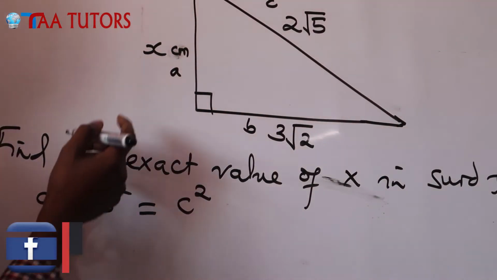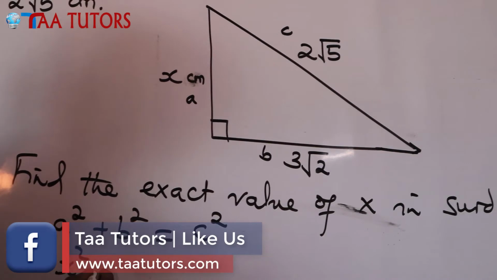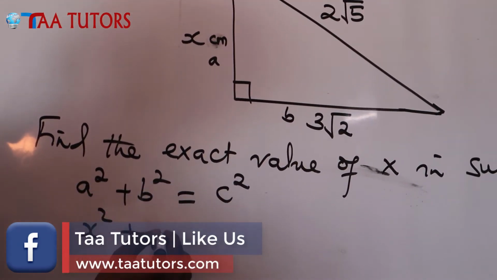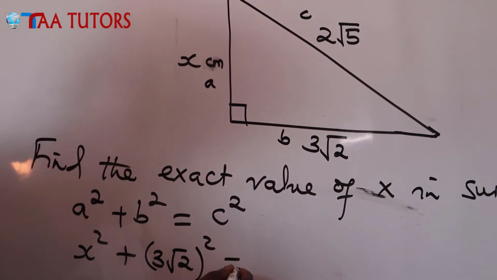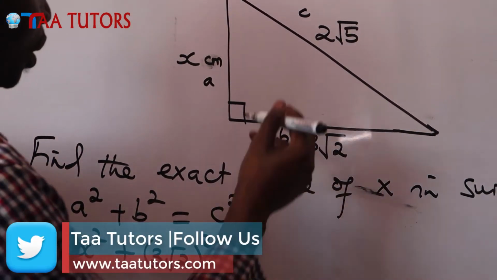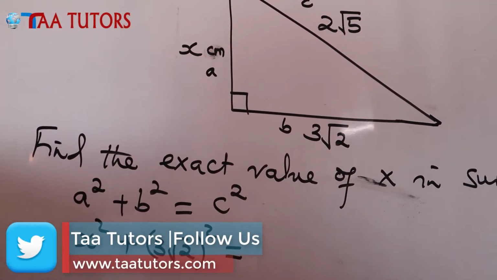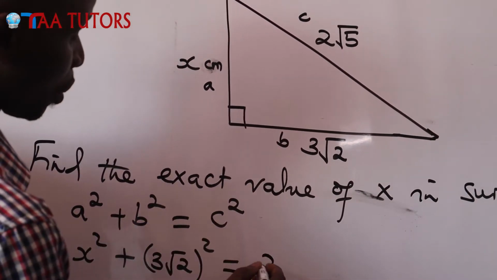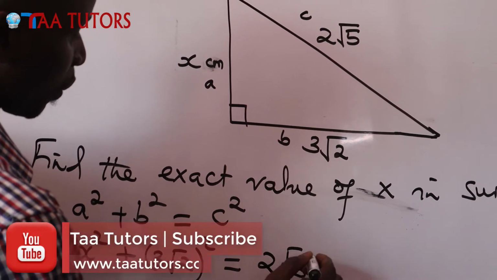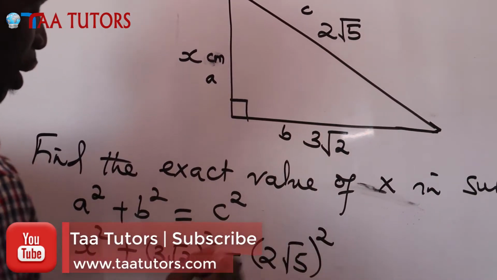So if I substitute here, our A is X, so X squared plus B, which is 3 surd 2 squared, to give me what we call C, which is 2 surd 5 squared.